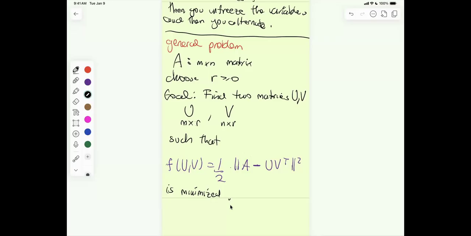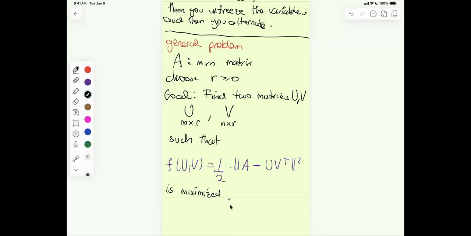Now, maybe as a segue for what I'm going to tell you about on Thursday: you would like to find the gradient of a function like this, but thinking about it in terms of the variables being matrices themselves, right?